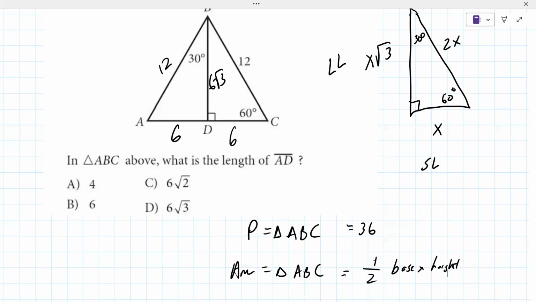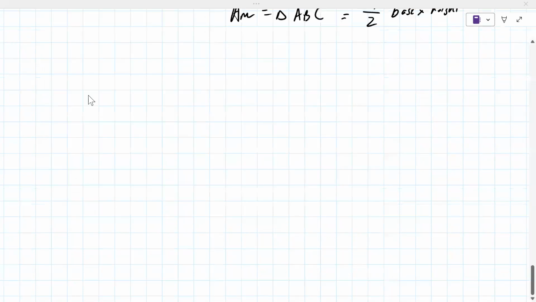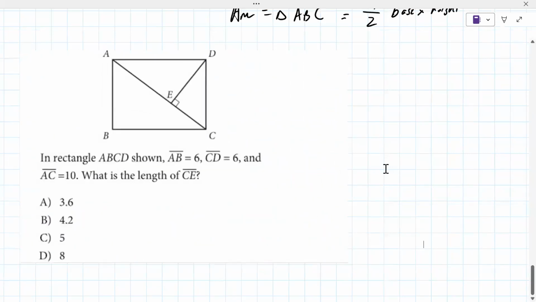All right. So let's look at another problem here. In rectangle ABCD, shown AB is 6, CD is 6, and AC is 10.